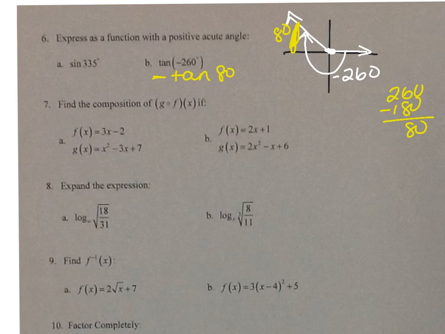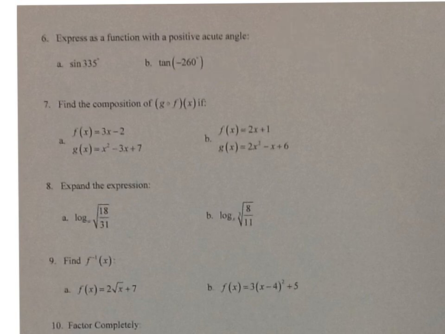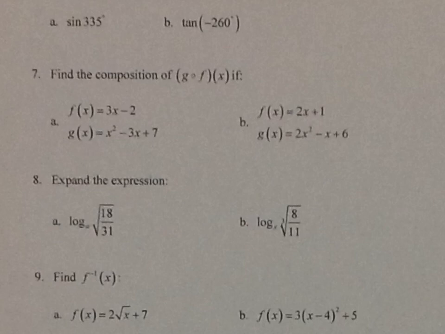All right, so let's take a look at number 7. So 7 is a composition. I have the composition of g of f of x.